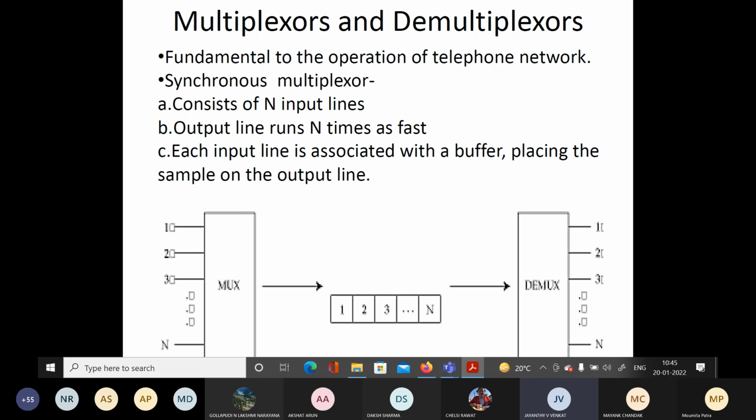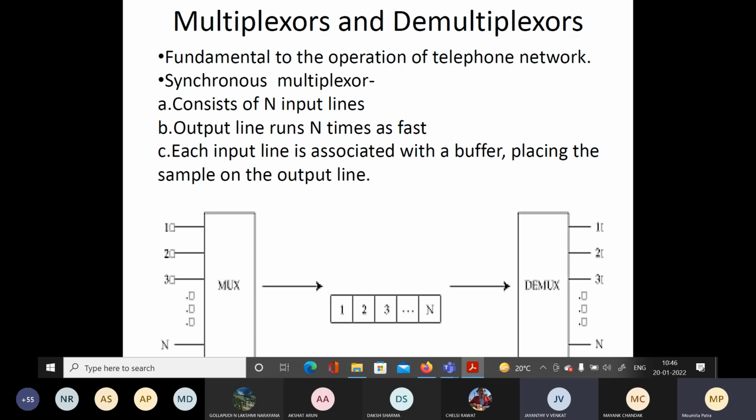Now we want to send more and more data at the same time. As we know from our basic courses, we want to send more data through the same line. For that we can use multiplexers. What is the task of a multiplexer?